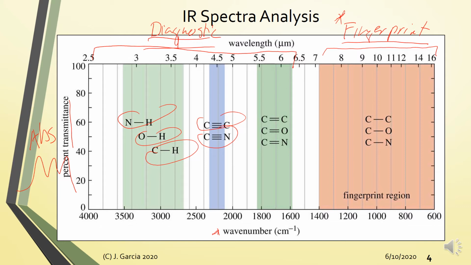Alright, no? Medyo mas mahirap ito kasi medyo mas magugulo yung signal dito. Whereas for diagnostic kasi usually mas malinis yung appearance ng peak. When you say mas malinis, you have fewer peaks in the diagnostic region compared to your fingerprint region. Alright, so later on, I'll show you a trick on how to interpret your IR spectra.